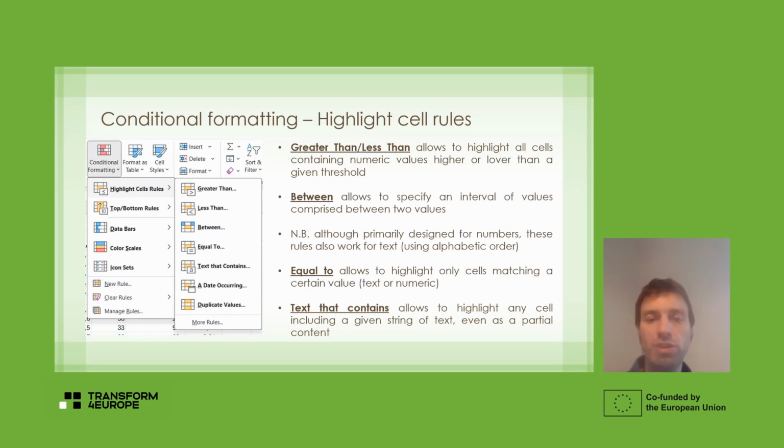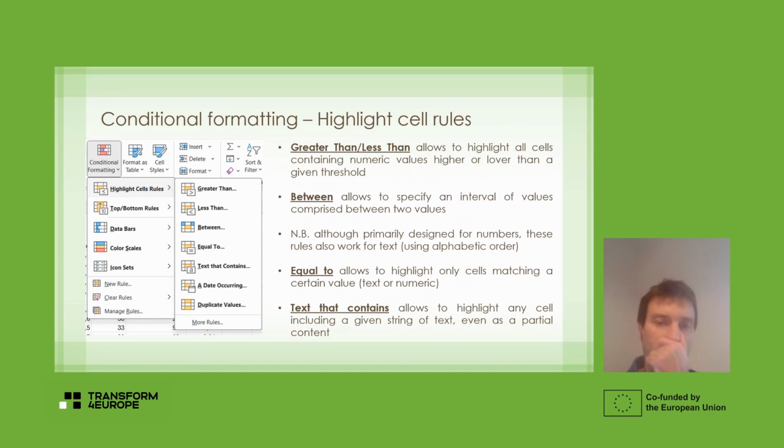So if we get back to the code that I showed you before, like 1, 2, 3, AAA, 4, 5, 6, well, you might want to apply conditional formatting to all the cells that include AAA, regardless of whether it is at the start of the cell or in the middle. This will basically apply conditional formatting, so immediately highlight those cells with a particular color, for example, and then you can sort those cells based on colors, okay?